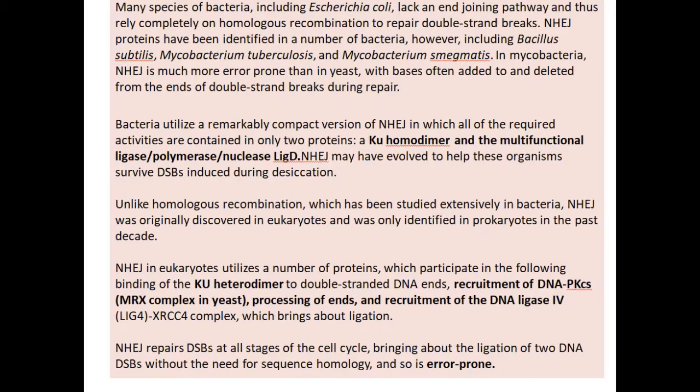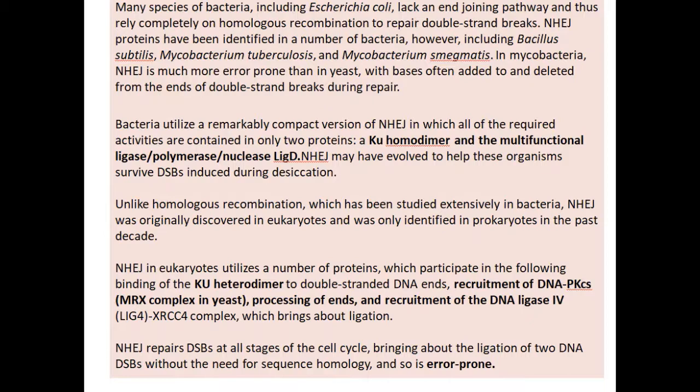Many species of bacteria, including Escherichia coli, lack an end joining pathway, and they completely rely on homologous recombination to repair the double-stranded breaks. But non-homologous end joining proteins have been identified in a number of bacteria such as Bacillus subtilis, Mycobacterium tuberculosis as well as Mycobacterium smegmatis.